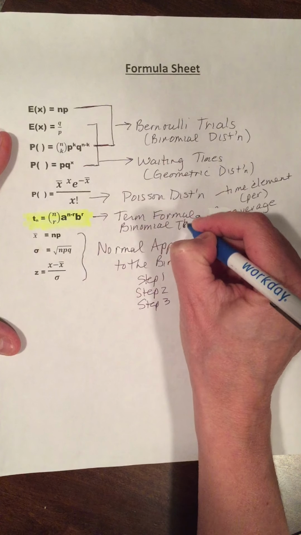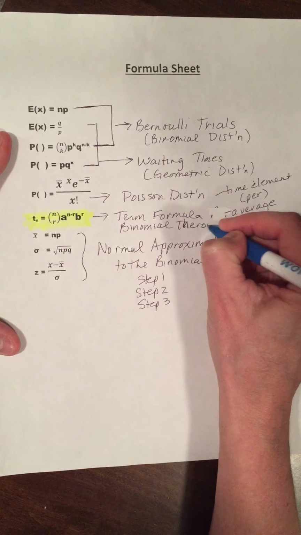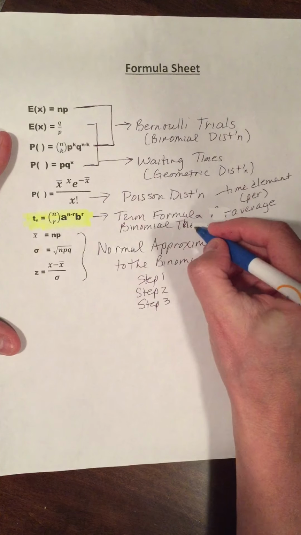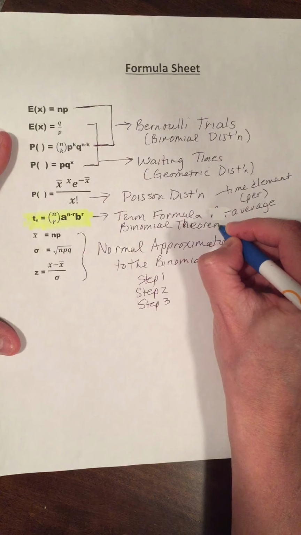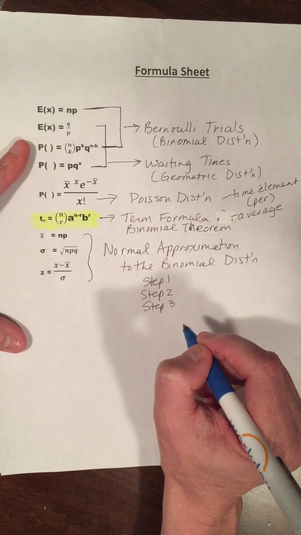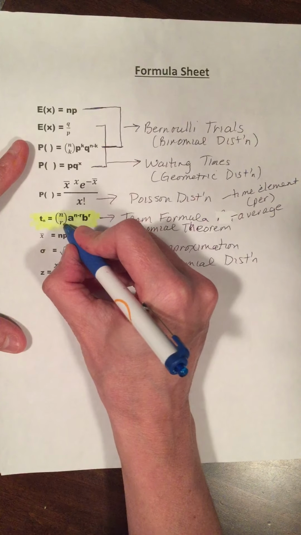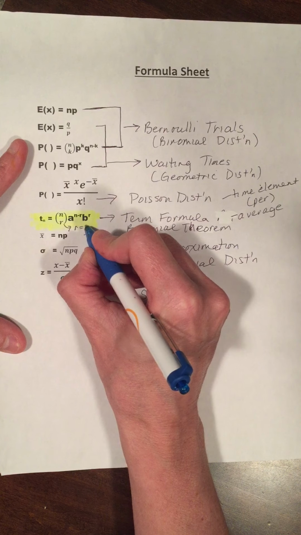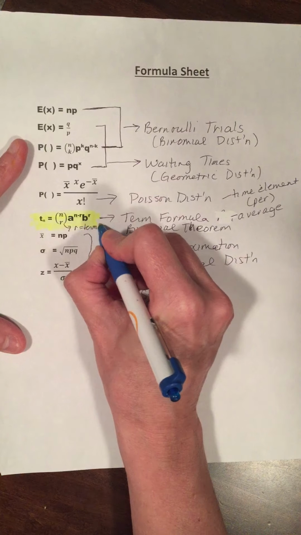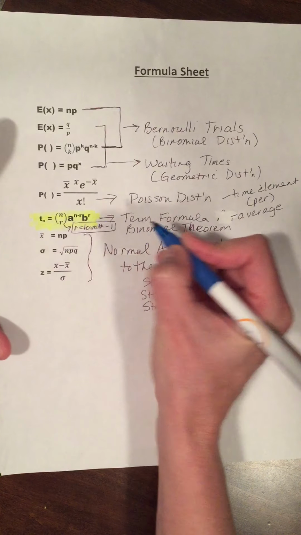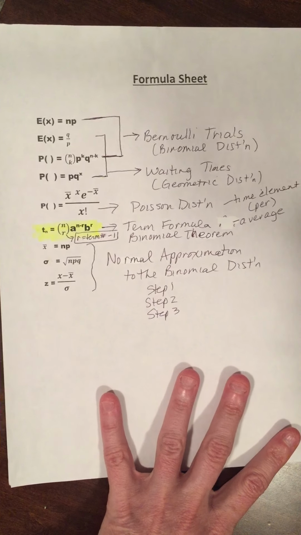I'm having some spelling issues on our last lesson. And the important thing to remember, okay, is that your R is the term number minus 1. Your term number minus 1.